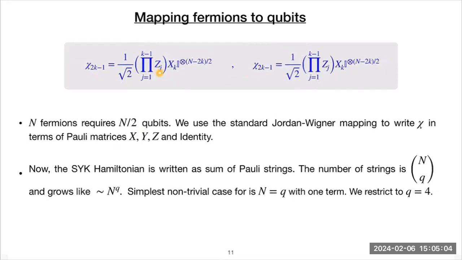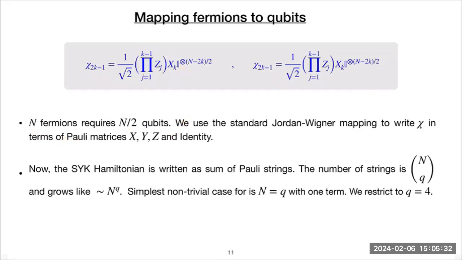For example, Z, X are the usual Pauli Z matrix and Pauli X matrix, and I is the identity matrix. So this mapping takes you from the chi fermions to qubits. It turns out that every pair of Majorana fermions is related to one complex spinless fermion, which can be represented by 1 qubit. So n Majorana fermions will need n over 2 qubits.